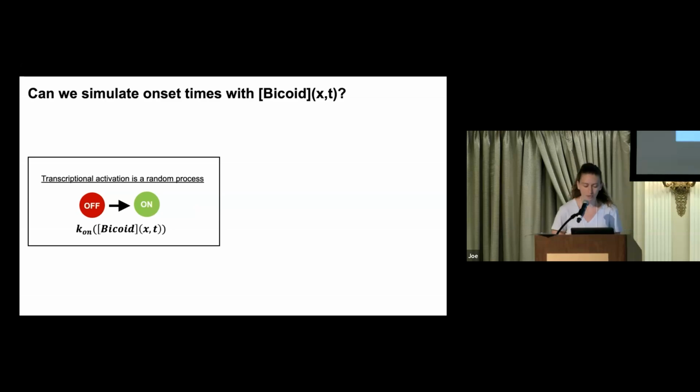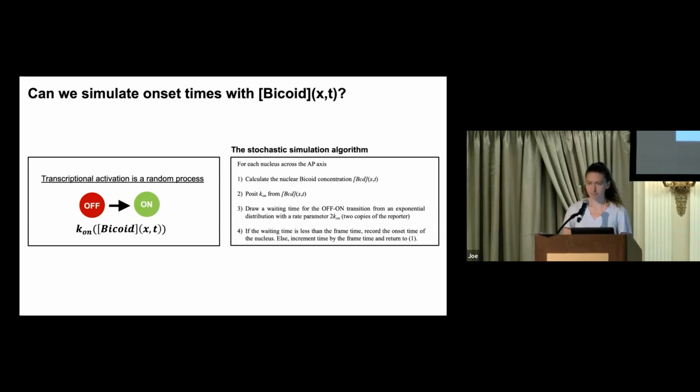Therefore, I was able to incorporate these Bicoid concentration measurements into the expression for K on. And then I asked, okay, if K on varies according to Bicoid concentration, can the model simulate onset times? So I applied the following stochastic simulation algorithm.